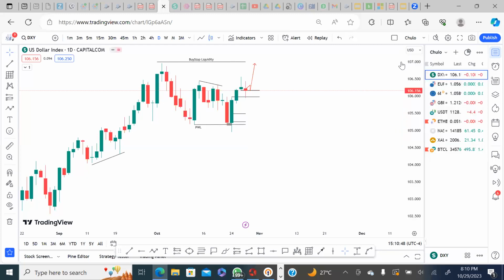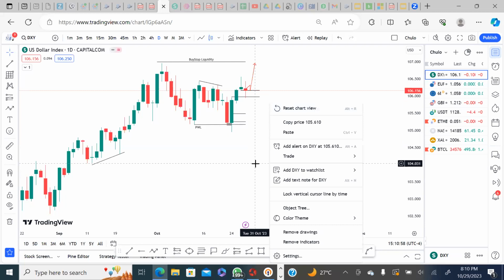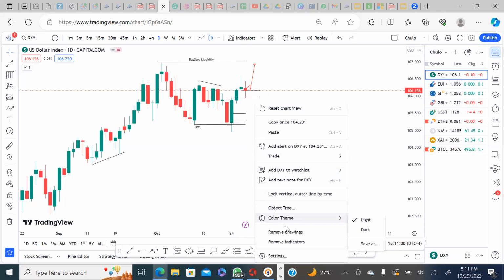This is the dollar index, DXY. Now I have to remove all these things.